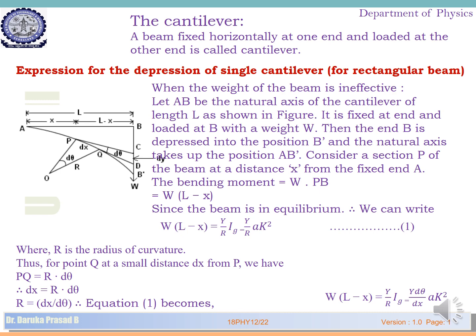Since the beam is in equilibrium, we can write the bending moment from the previous derivation, that is Y by R into A K square, which is equal to W into L minus x, where R is the radius of curvature.